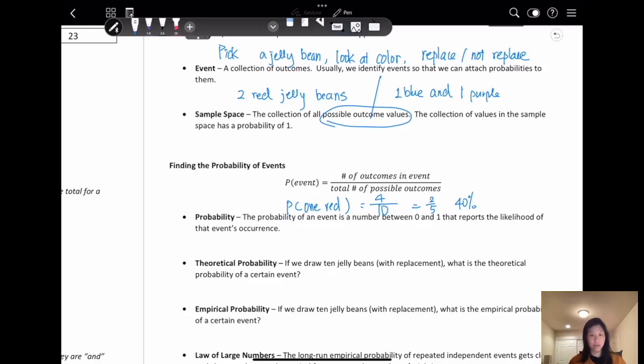The difference is that theoretical probability is based on the assumption that the outcomes have equal chances of occurring.